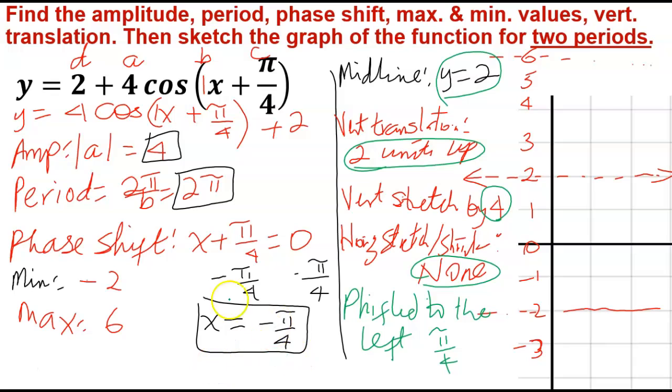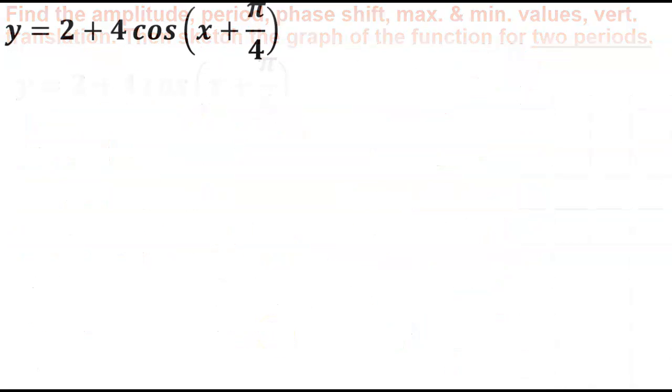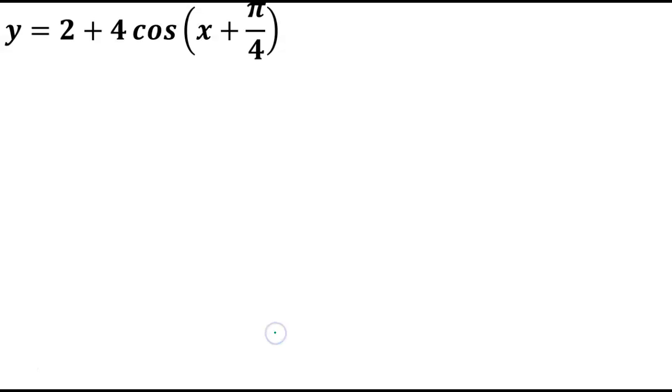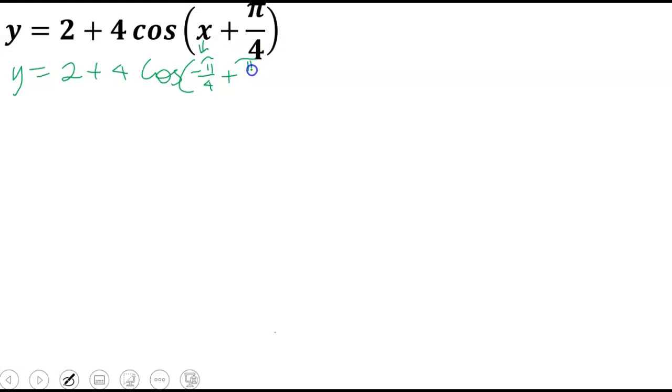Now to do the graphing, we're going to find the ordered pair. We're going to use our phase shift, which is the first number, the theta value, and then we find its equivalent, which is negative pi over 4. So if we take that and do some work: y equals 2 plus 4 cosine of x plus pi over 4, where x is negative pi over 4.